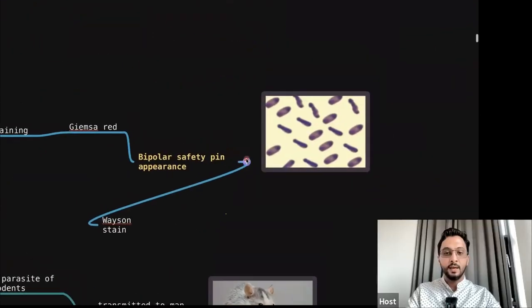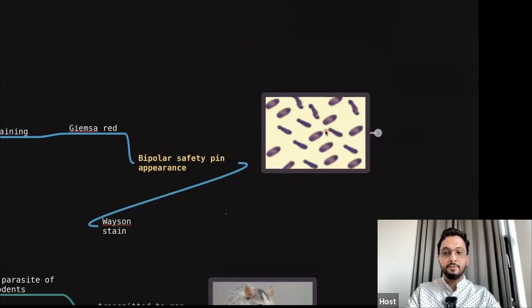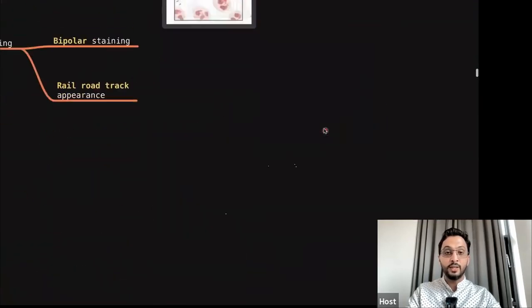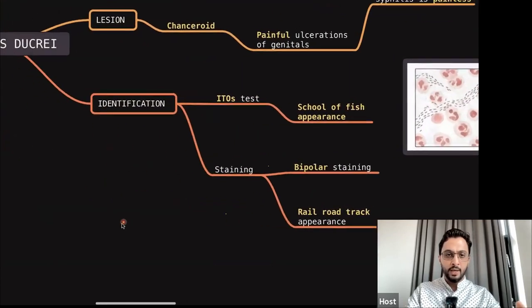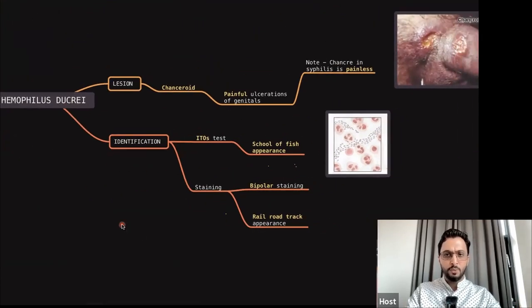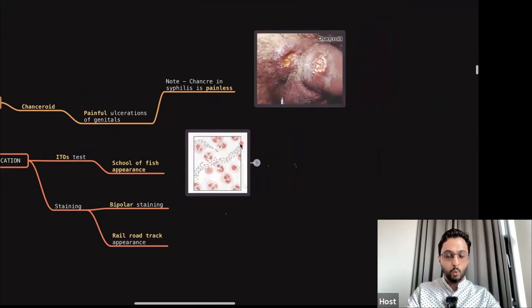Bipolar staining, safety pin appearance. But here it just stains on either side, on either end, there is no safety pin appearance. Second thing is railroad track appearance. You can just remember this picture itself. Railroad track. So, school of fish, railroad track. Now, H. ducreyi, what should come to your mind is chancroid and the school of fish.